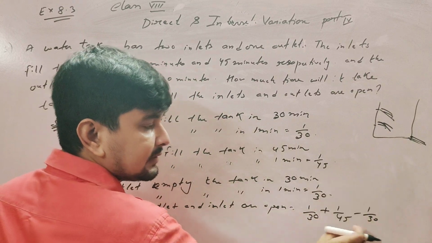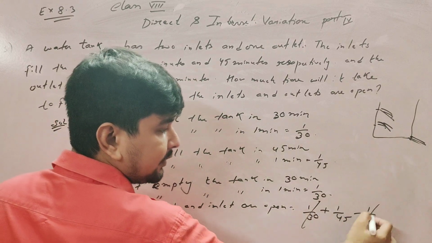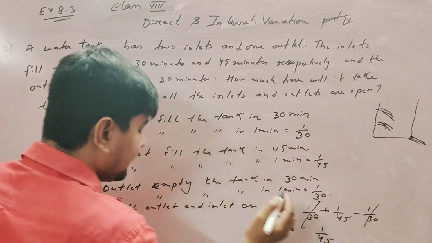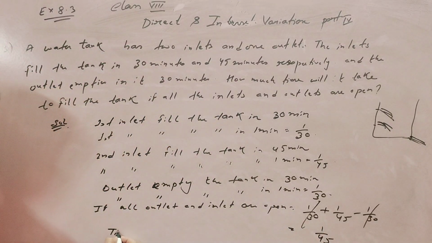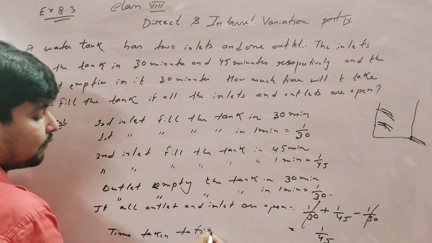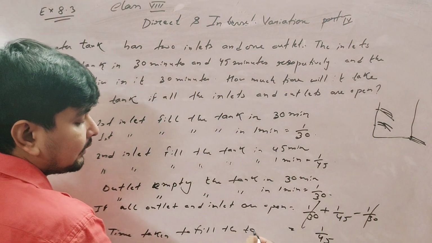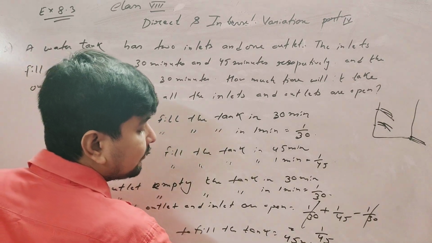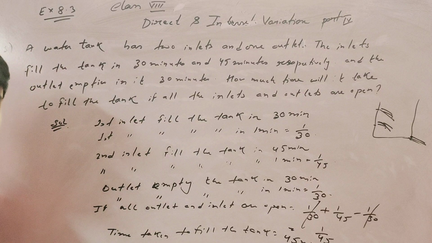So the inlets get plus and the outlet gets minus. 1 by 30 plus and minus cut it down, so we get only 1 by 45. That means the time taken to fill the tank, reciprocal, is 45 minutes. Clear?